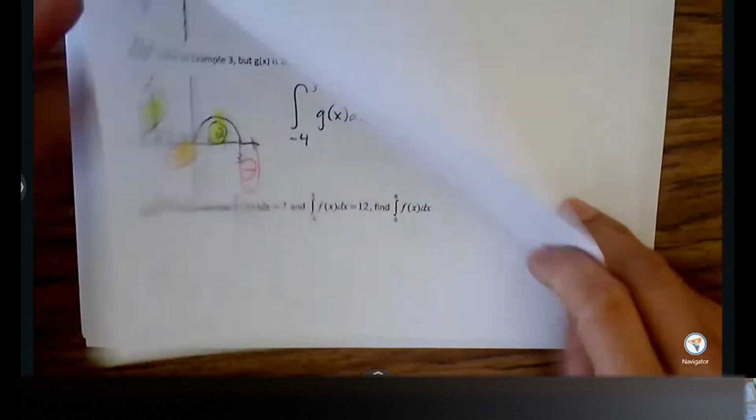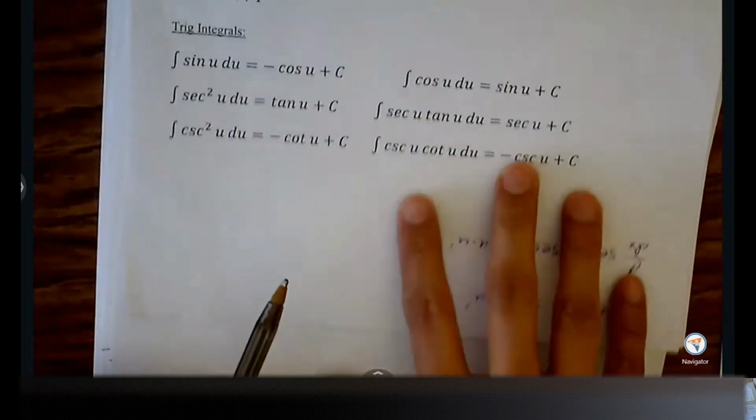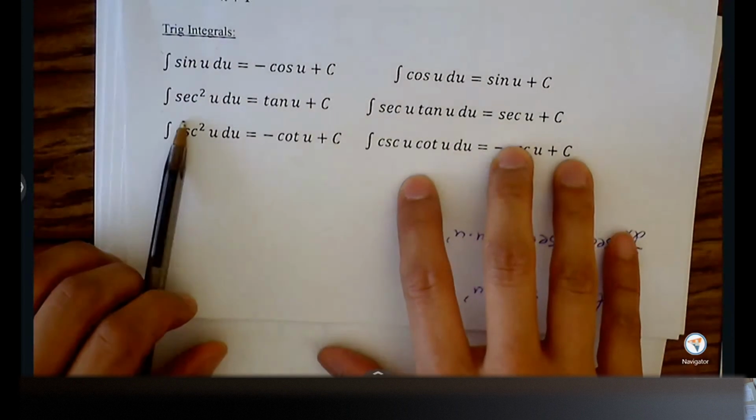All right, let me do one where we have to involve a trig rule. So on your formula sheet, you're going to have these trig rules that we have to be able to match and use.